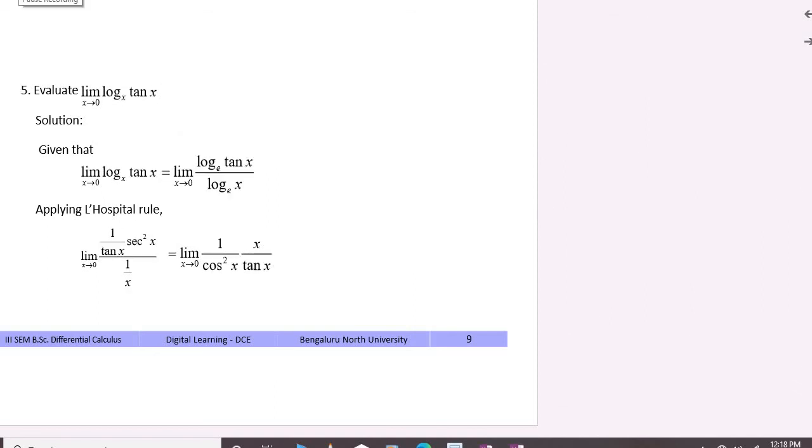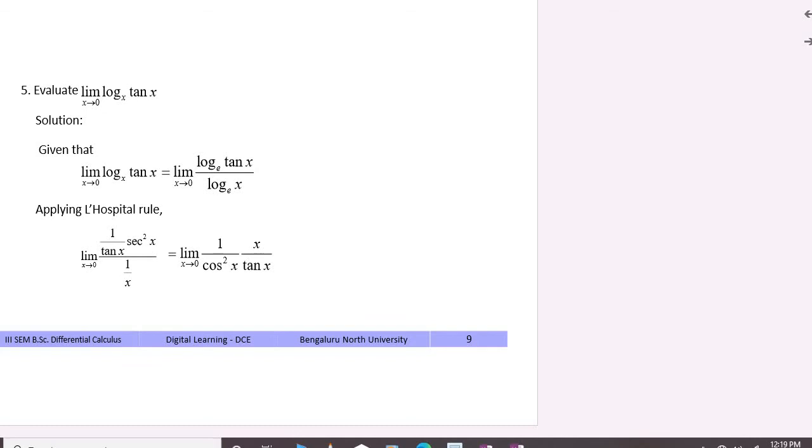Next question. Limit x tends to 0, log tan x base x. Observe here, base is x, not e. First of all, we want to convert the base x into base e.